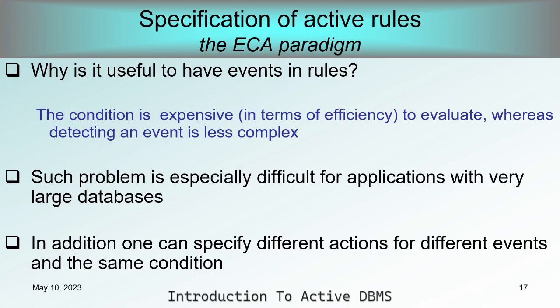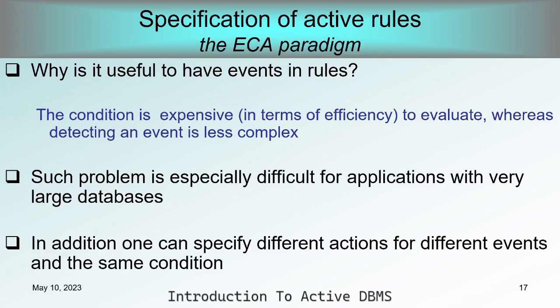Now, why is it useful to have events in a rule? Because every time I execute a condition, it is going to be expensive in terms of efficiency, in terms of evaluating it throughout the DBMS. Whereas detecting an event is less complex than evaluating a condition.